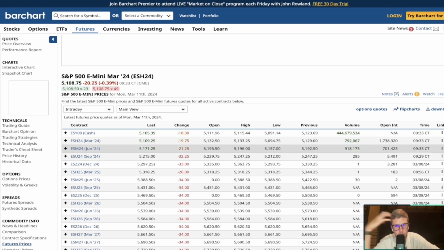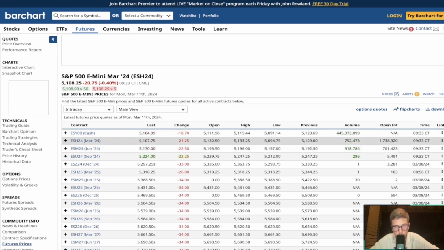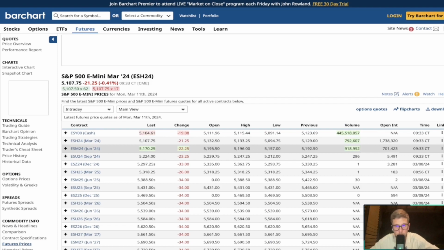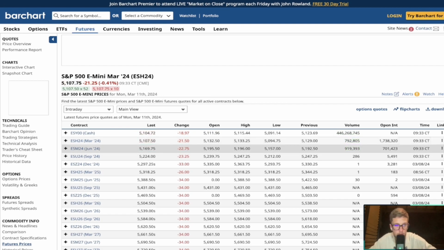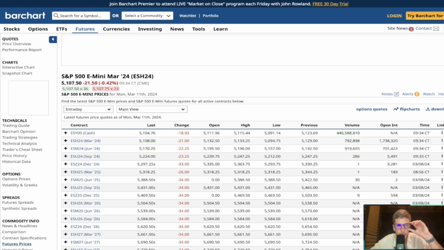And very simply, as soon as the open interest for the next upcoming month, which is the contract of June 2024, becomes higher than the current month's contract interest, we're shifting into another chart on TradingView, and we're doing our analysis not on the March or ESH 2024 contract, but we're moving to June.